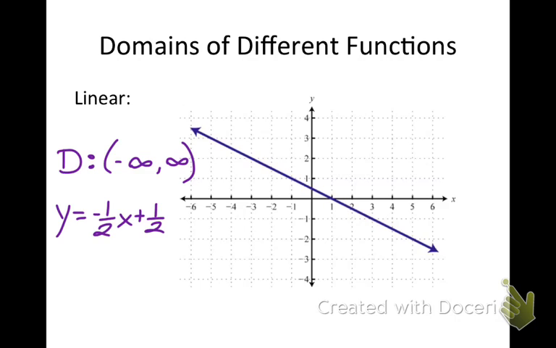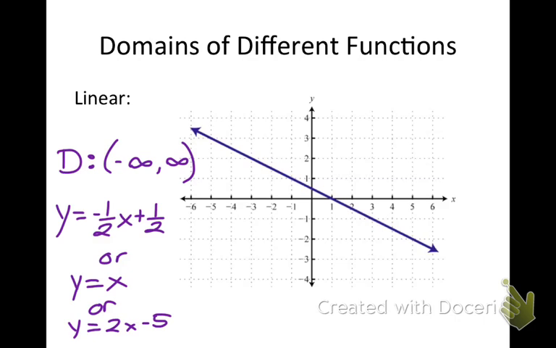So a linear function, what is specific about the exponent on the x term? What is the exponent up here? 1, right? Linear functions always have an exponent of 1. So whenever you see a linear function, whether it's y equals -1/2 x plus 1/2, or it's y equals x, or it's y equals 2x minus 5, whenever you see a linear function, your domain will always, always, always be all real numbers. Okay? Linear functions.